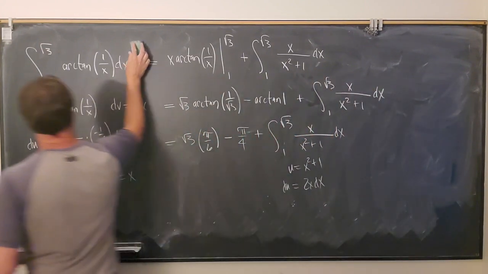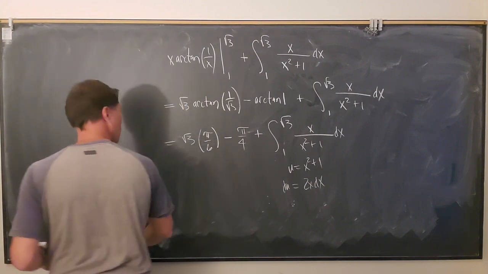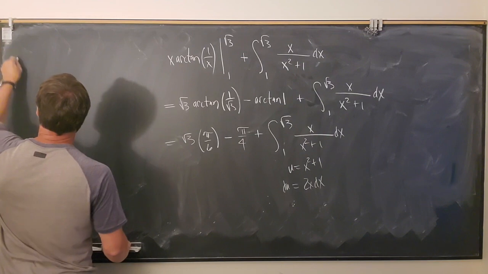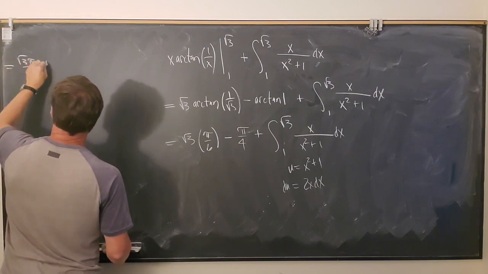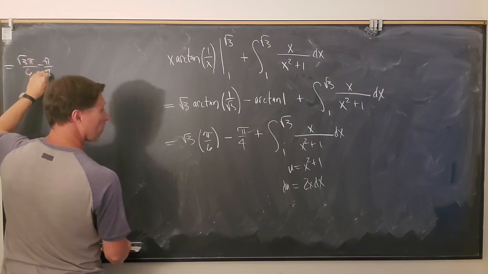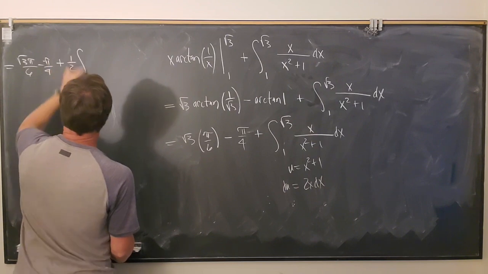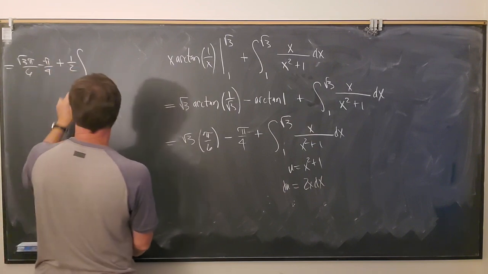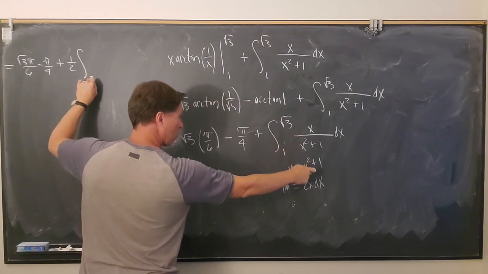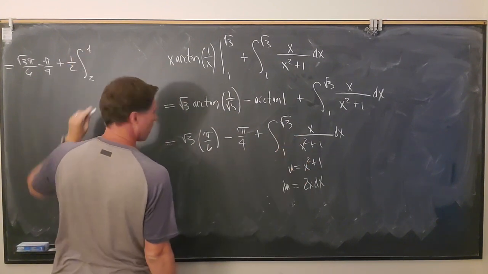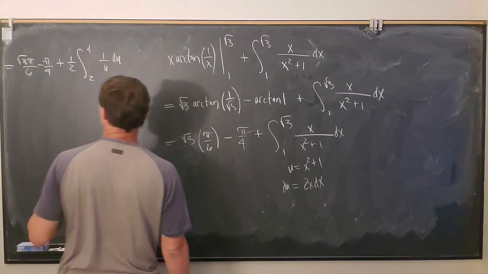And so what we'll get is root 3 pi over 6 minus pi over 4 plus 1/2 the integral from 2. When I plug in a 1, I get a 2. When I plug in a root 3, I get a 4. And this will be 1 over u du.